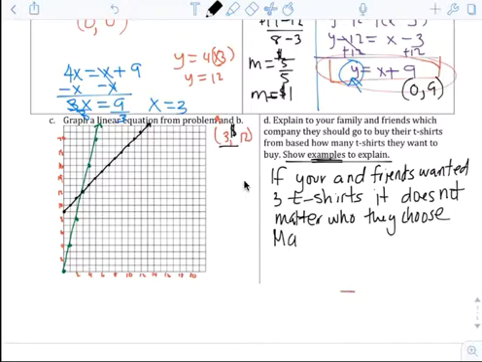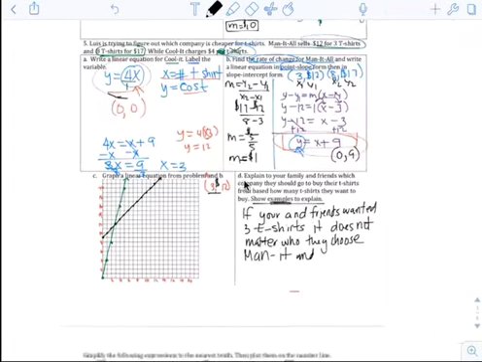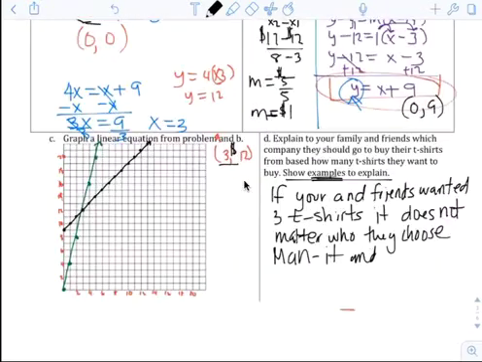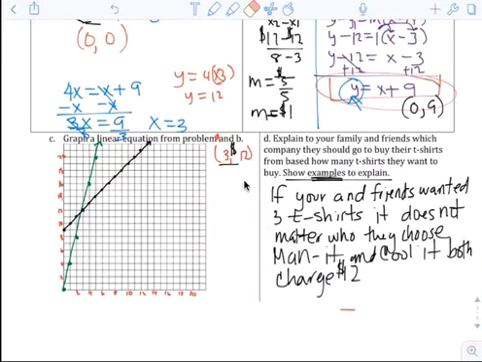Man It and Cool It both charge $12. But you can make a table here.